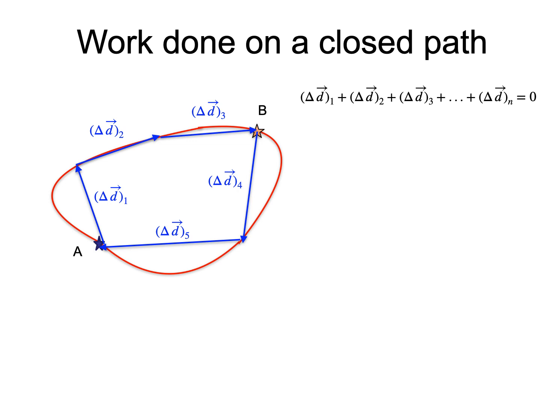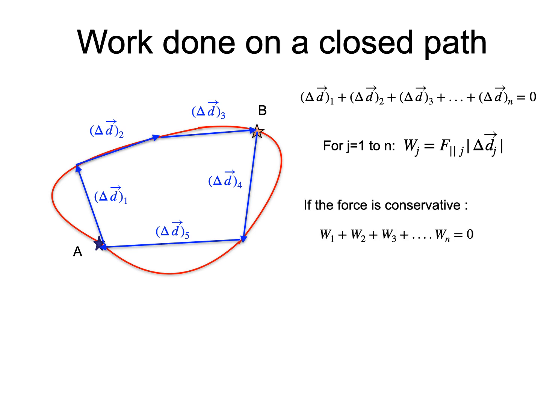During such tiny displacements, the parallel component of the force would be approximately constant, and the tiny amount of work done by that force during a displacement Δd_j, where j is an integer between 1 and n, would be equal to the product of the parallel component of the force to that of displacement vector j and the magnitude of the tiny displacement Δd_j. If the force is conservative, the sum of all these tiny amounts of work is 0.